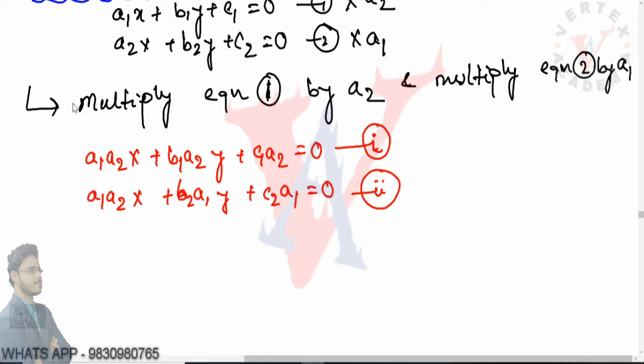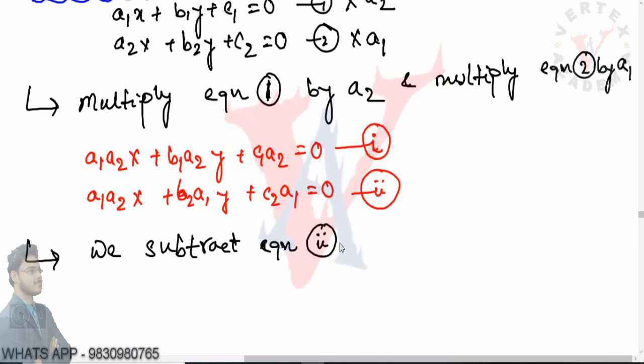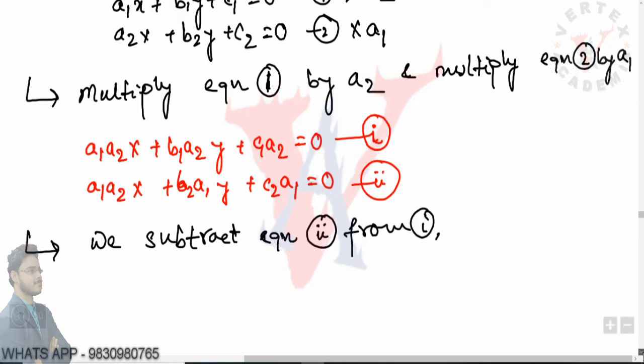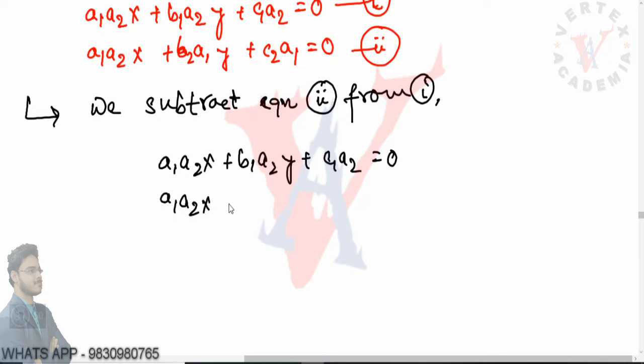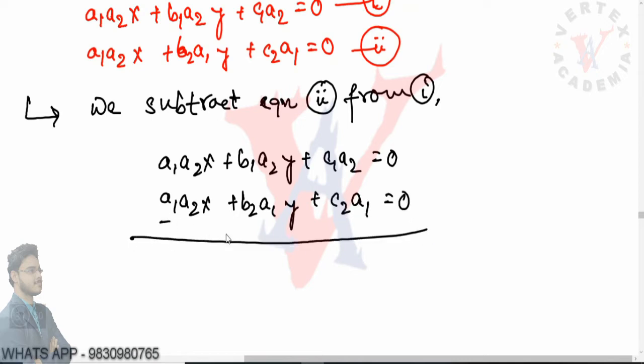Now, in the next step, we subtract equation 2 from 1. So a1 a2 x plus b1 a2 y plus c1 a2 equals 0, minus a1 a2 x plus b2 a1 y plus c2 a1 equals 0. You know how to subtract algebraic expressions.